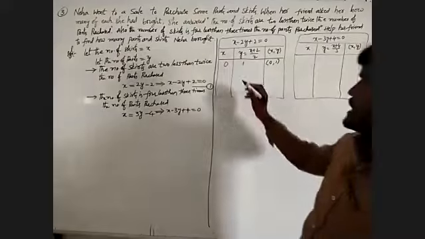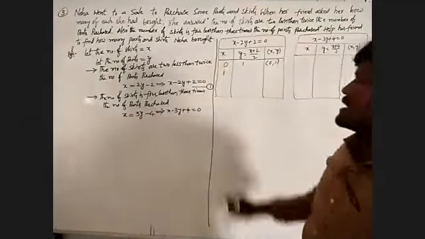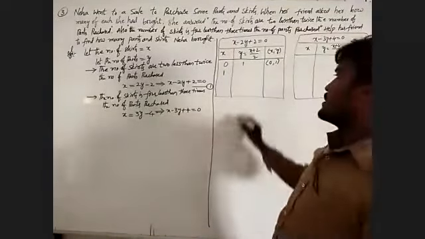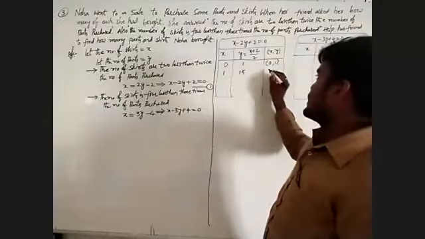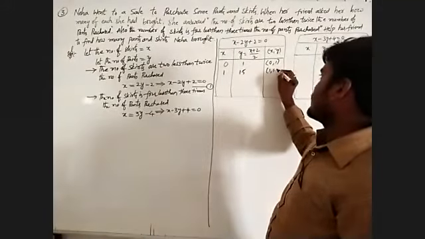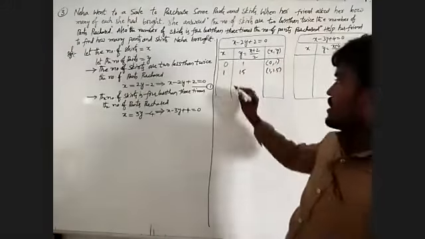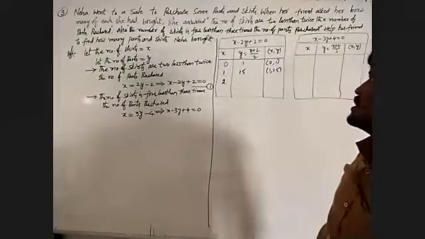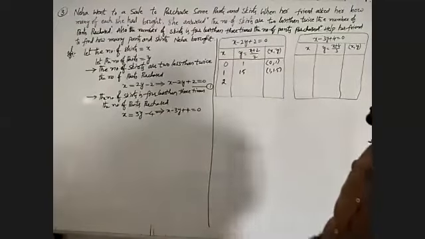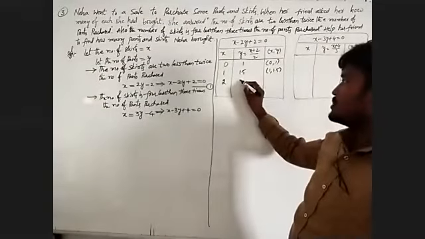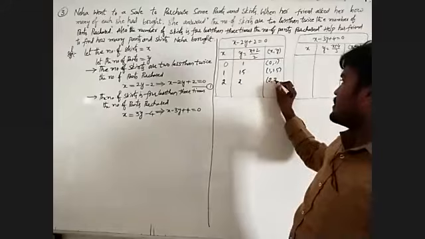After that I take x is equal to 1. 1 plus 2 by 2, that means 3 by 2 becomes 1.5. I write this as 1 comma 1.5. After that I take x is equal to 2. 2 plus 2 is 4, 4 by 2 becomes 2. The given value is 2 comma 2.